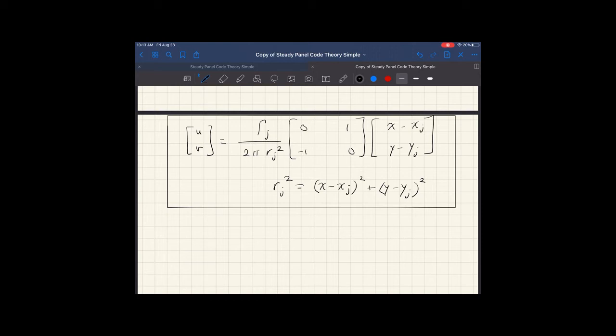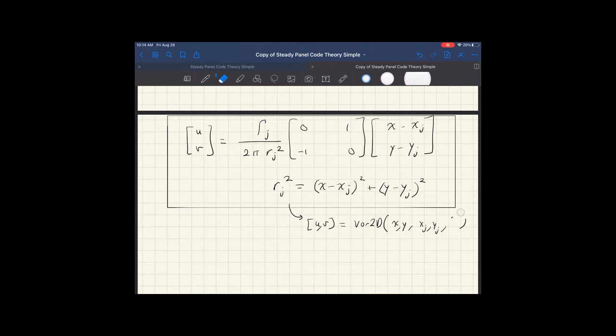So for example, that could be translated into a MATLAB function, u and v equal to vor 2d of x and y, which are the positions of the point over which you want to find the velocity, and then xj, yj, the position of the vortex that's inducing that velocity, and finally gamma j, which is the vortex strength.